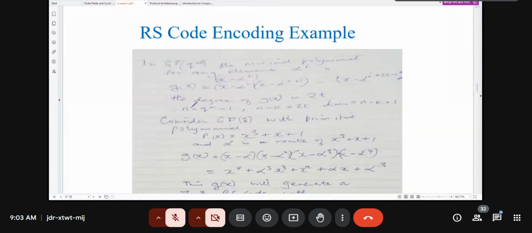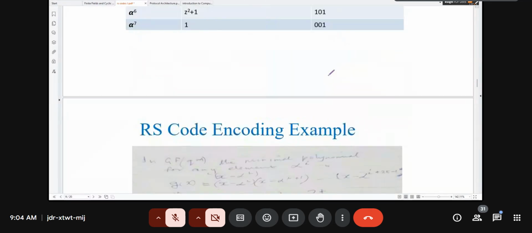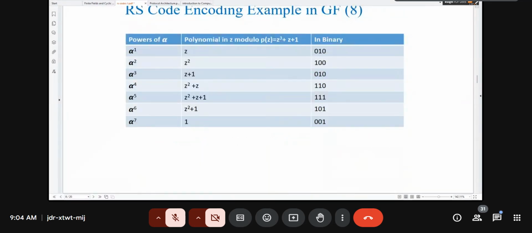N, the length of the code word, is q to the m minus 1. In our case, q is 2. We are limiting ourselves to where these are binary.